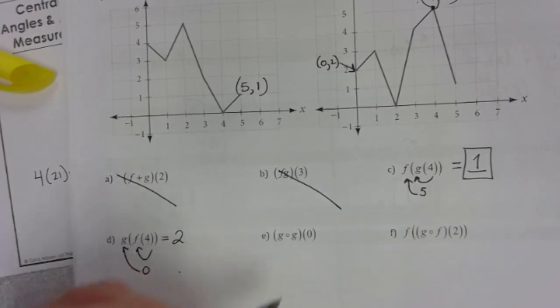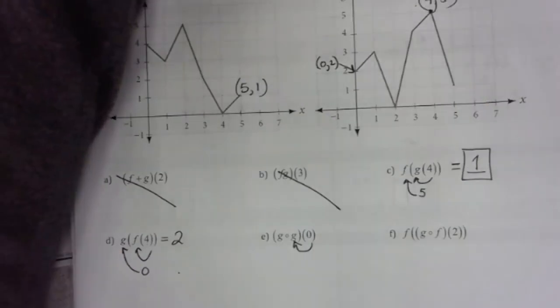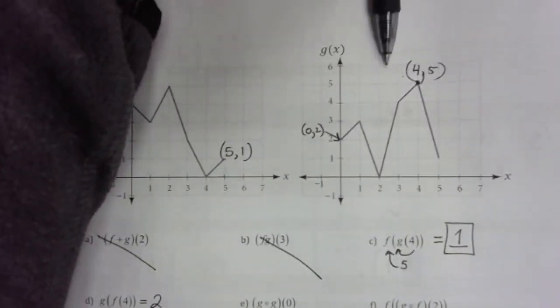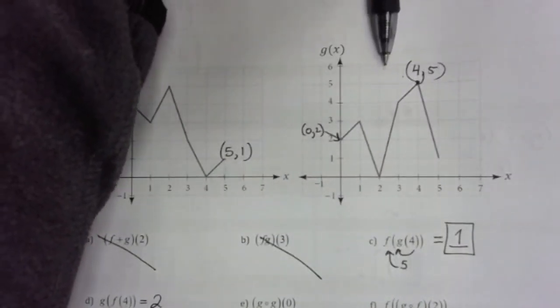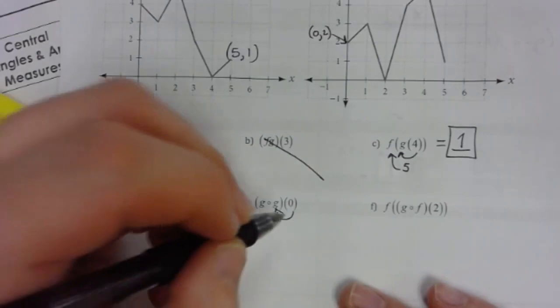So let's start it out like we normally would. If I put a 0 into the g function, we know that's the graph here on the right. 0 comma 2, right? 0 comma 2.